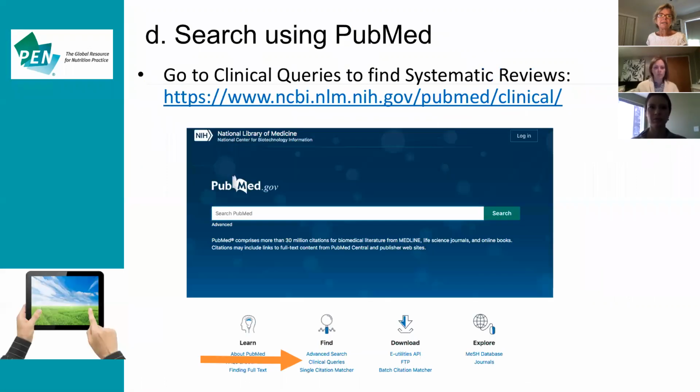Another way to find some other useful information is to start doing a mini search on what you've got. So going to clinical queries. Clinical queries are a great way to target clinical questions to find systematic reviews. So if we can find something that's already been published as a systematic review and see what other terms were used in that review or what other similar articles there are, that's another way to hone in on the search.